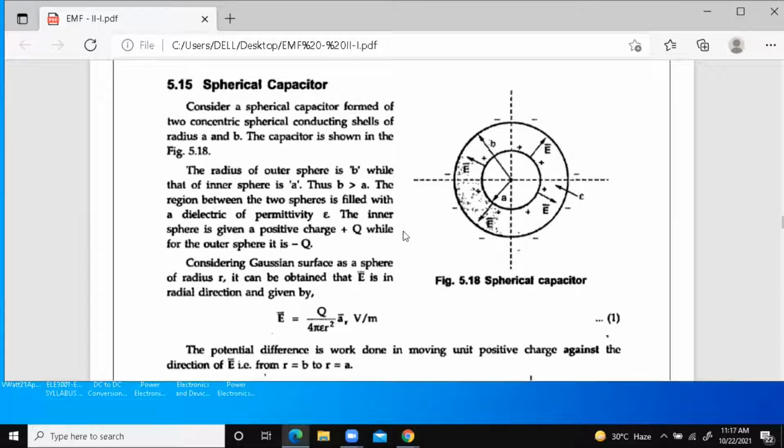Considering the Gaussian surface as a sphere of radius R. So R is arbitrary.